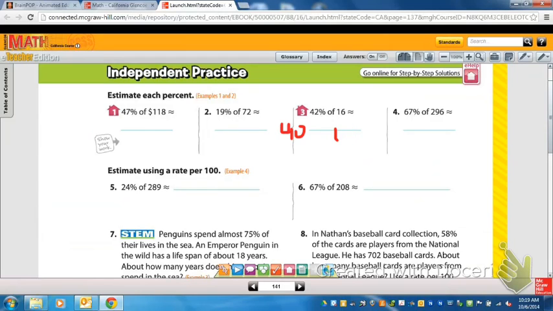So 40 over 100 reduces to 4/10, which reduces to 2/5. 16 is closest to 15 for these purposes. So 5 times 3 is 15, 2 times 3 is 6. So 42% of 16 would be about 6.